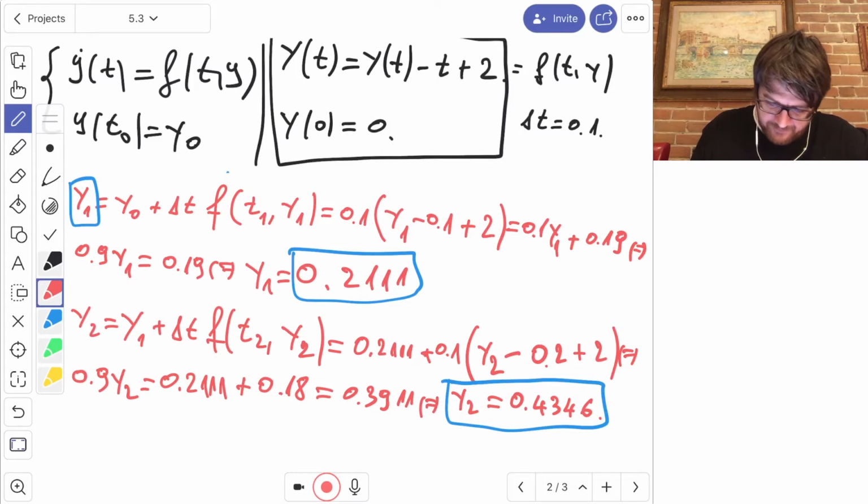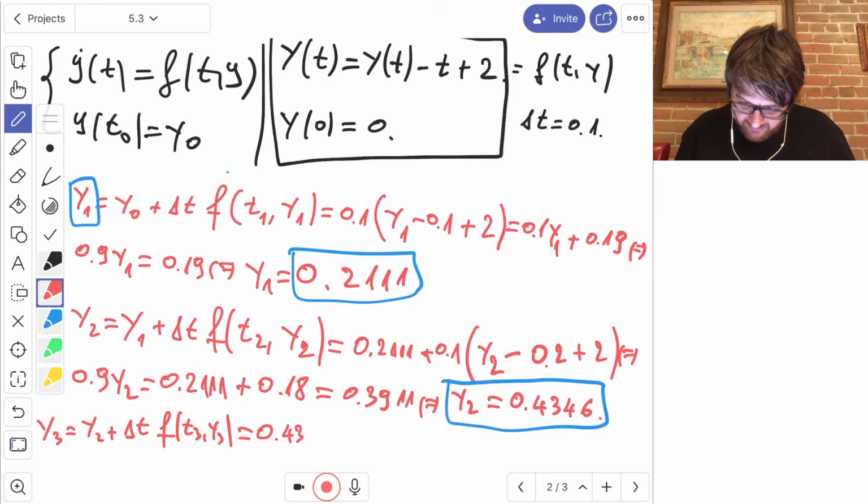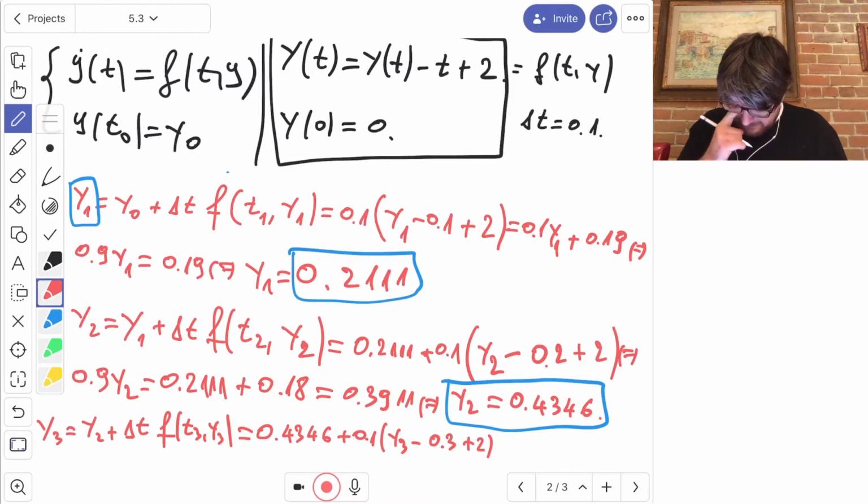So y3 is going to be equal to y2 plus delta t f of t3 and y3. This is 0.4346, which is y2, plus 0.1 times y3 minus t3, which is 0.3, plus 2.